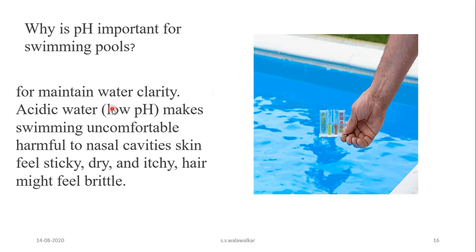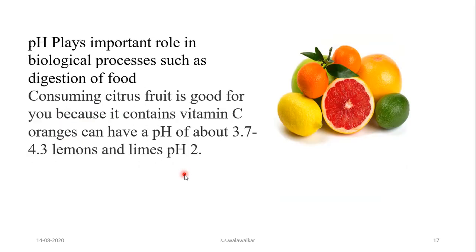If the pH is low, the water is acidic, which makes swimming uncomfortable and harmful to nasal cavities. Then the skin feels sticky when the water is acidic in nature, and it becomes dry and itchy.